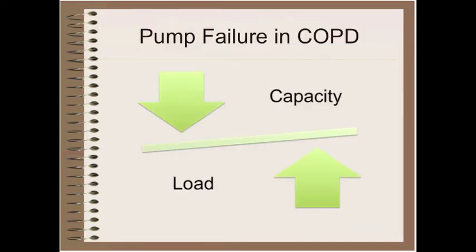One way of thinking about this, because I think it can be hard to understand why COPD causes hypercapnia, is to think about the balance between load on the lungs and the capacity of the lungs to deal with it.